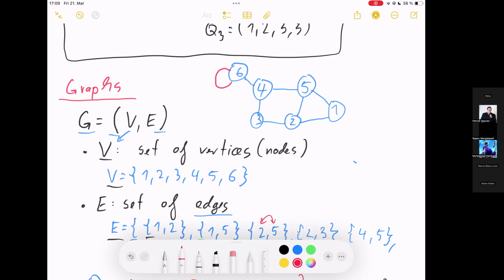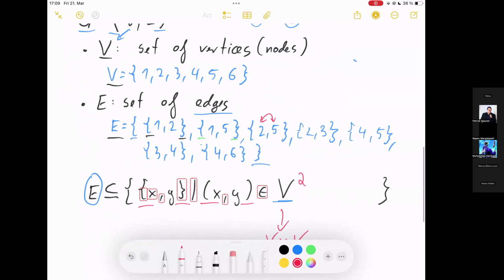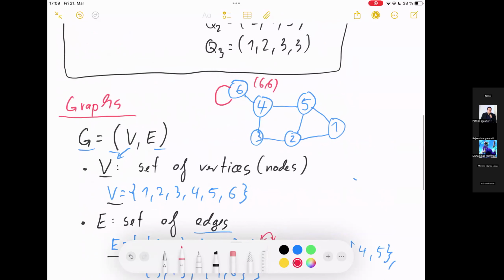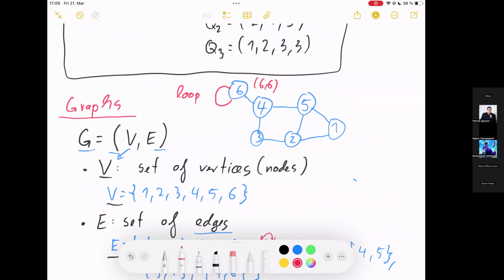Some say yes, some say no. So the question would be, would 6,6 be possible from the current definition? And yes, it would be possible because 6,6 would be in this Cartesian product. And such an entry here is actually called a loop. If one node is connected to itself, sometimes it's called a self loop. It's an edge of a node with itself.